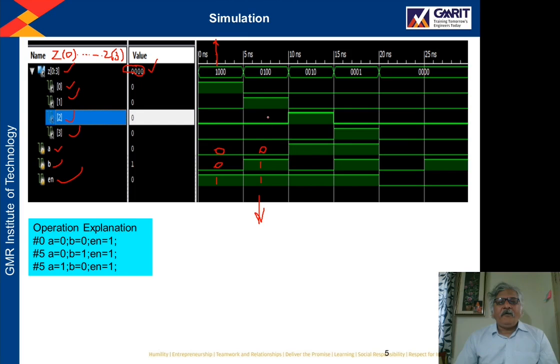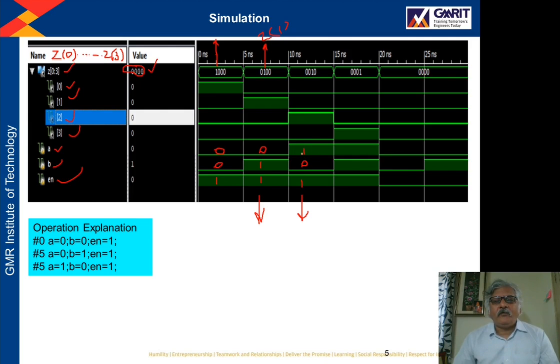Now B is 1, A is 0, enable is 1. So now what will happen? You see here this one indicates your Z1. Z1 is 1 and remaining outputs are 0. Now you see at this time enable is 1, B is 0, and A is 1, right?